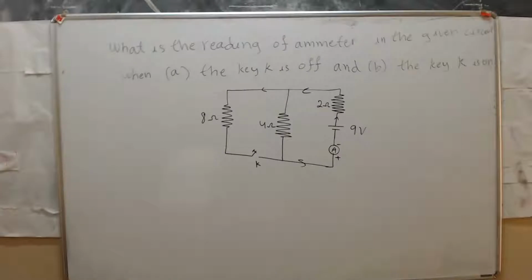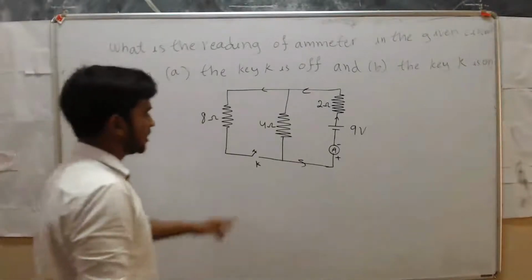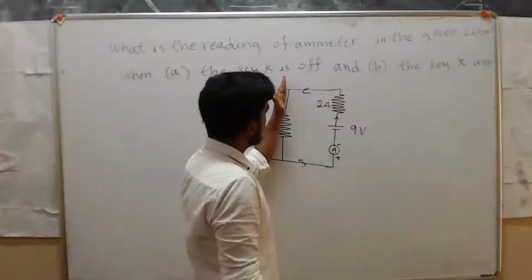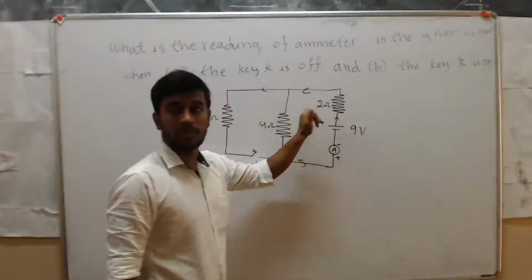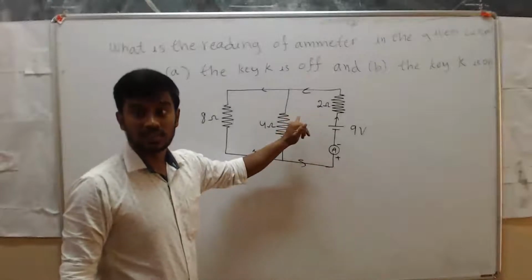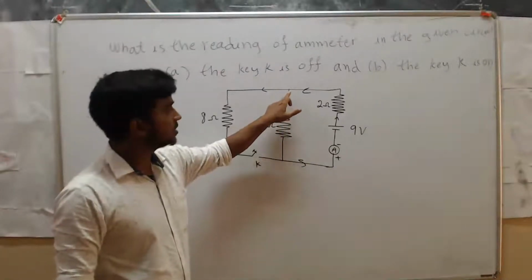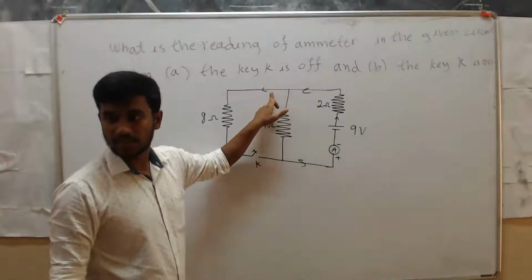I equal to 2 ampere when the key is off. No, it's wrong. See here, when the key is off, then there is no movement of electrons. So which means these two will become series. Yes, here you have joined one extra wire, but there is no movement of current, right?